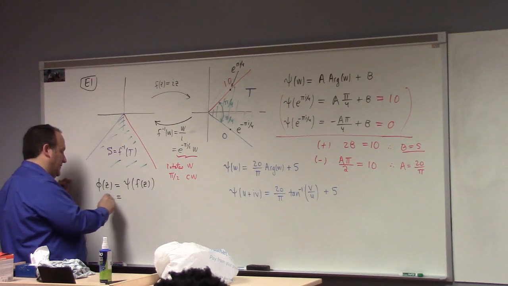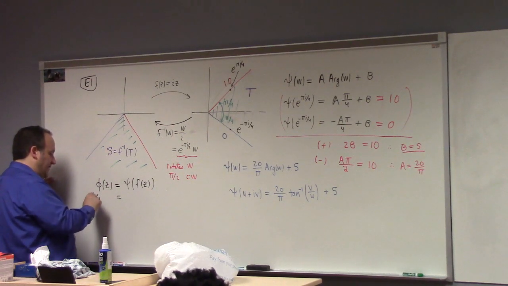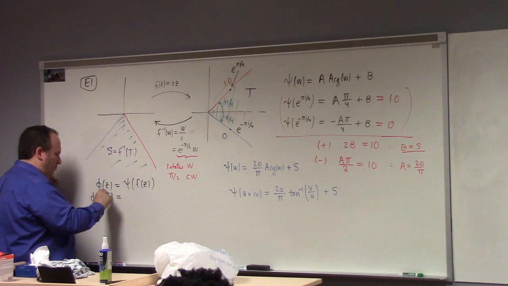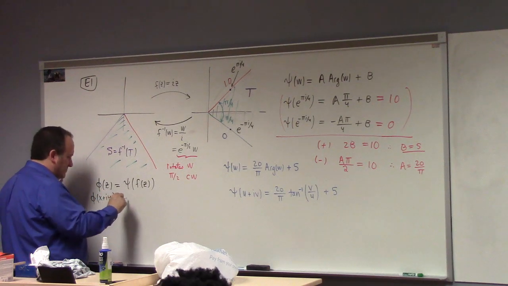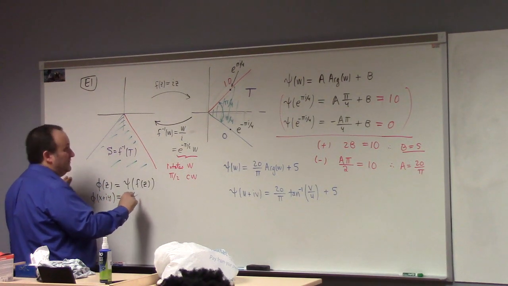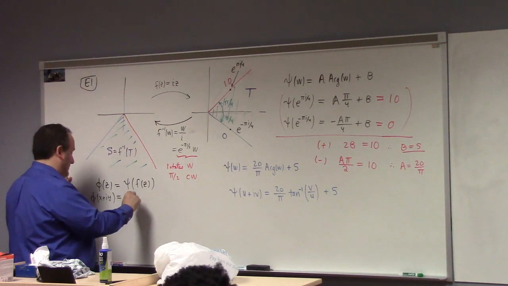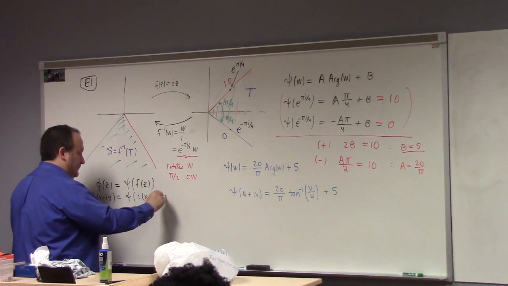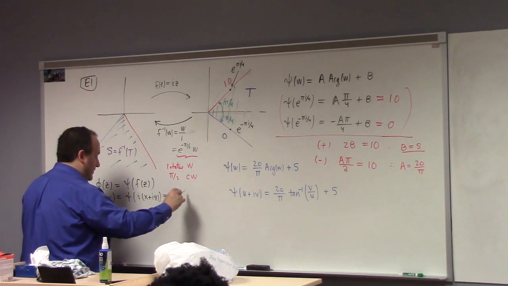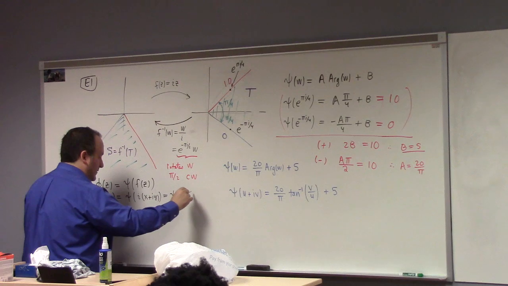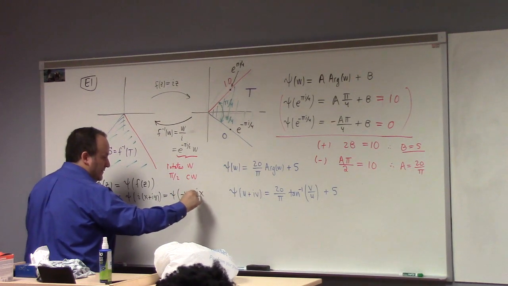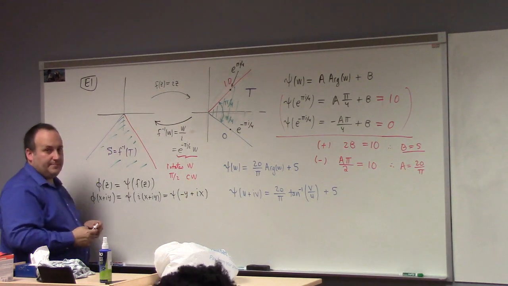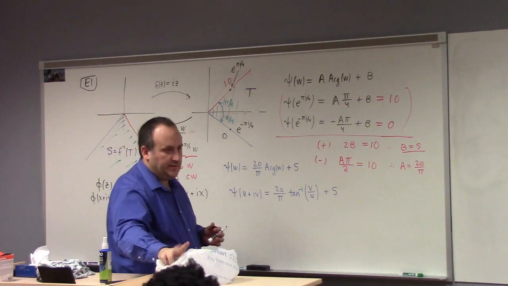In this case, phi of x plus iy equals psi of i times x plus iy, which is psi of minus y plus ix. You guys with me?